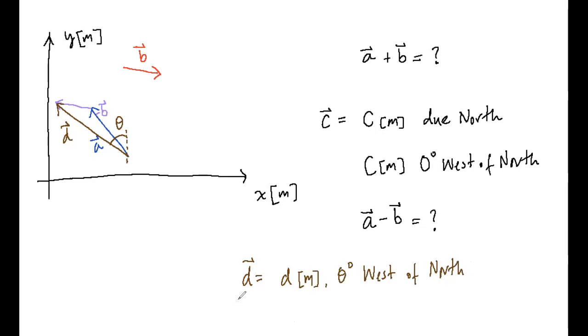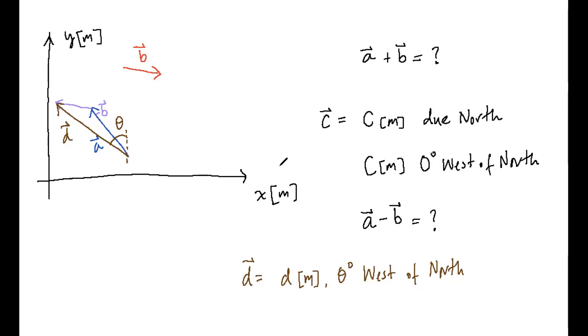And how do you actually get this magnitude and this direction angle if we're using the graphical method? You'd have to get out a ruler and measure the length of this vector, and that would be your magnitude, and you'd get out a protractor and measure this angle, and that would be your direction angle.